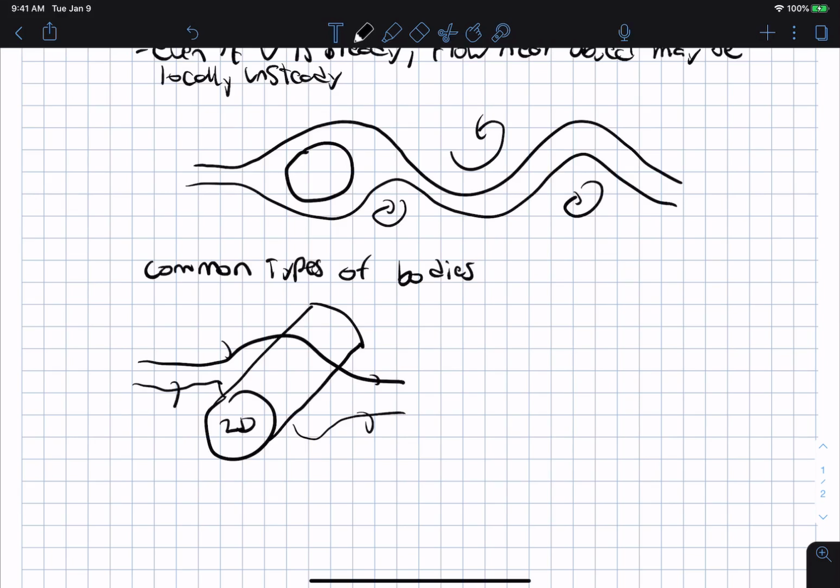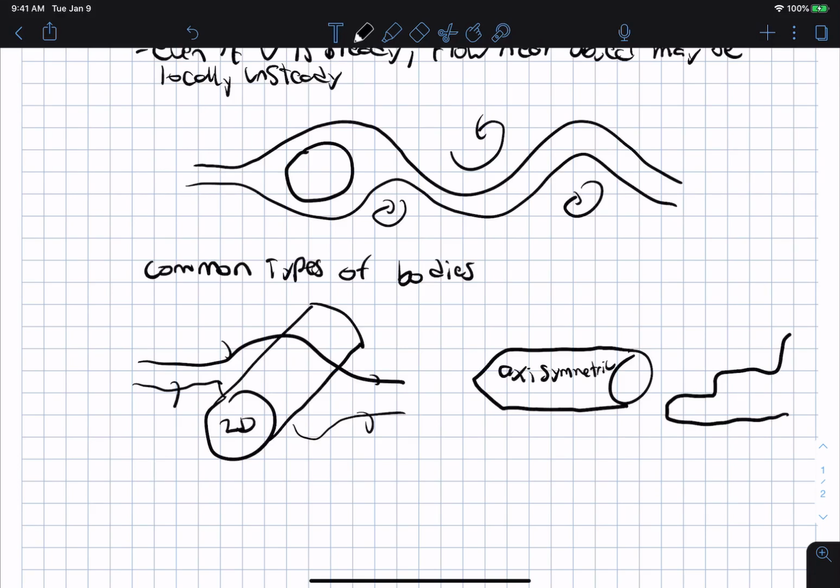Okay, there are axisymmetric bodies, and here you have some sort of body of revolution. A bullet would be an example of one. And then there are full-on 3D objects, so a model airplane would be one. And again, I draw my really bad airplane.